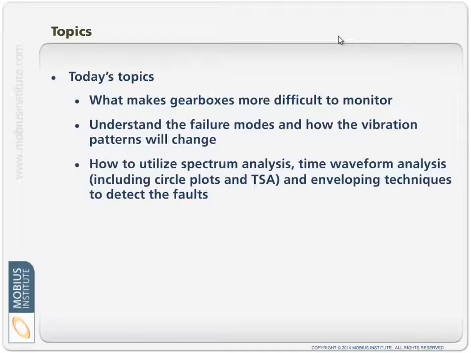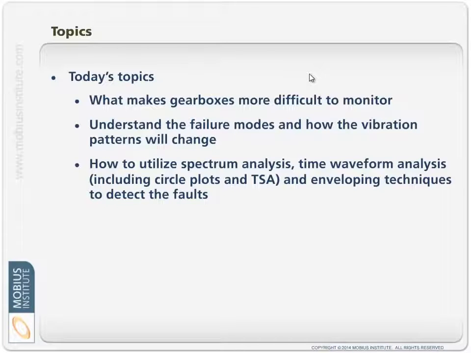The next question we want to look at is to understand some of the failure modes and how vibration patterns will change. This isn't a detailed discussion of all the failure modes of gears and so on. It's really just looking at some of the more common fault conditions and how the vibration will change. We'll look at a little bit of time waveform analysis and also how the spectra will change.